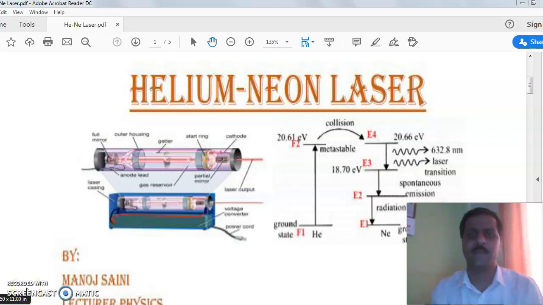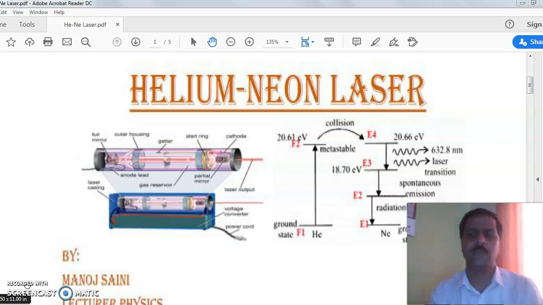Hello everyone, let us study the helium neon laser today. Before this laser, we studied the Ruby laser, which was the first laser device, invented in the year 1960. Ruby laser was a solid state 3-level laser, and the output of the Ruby laser is pulsed.